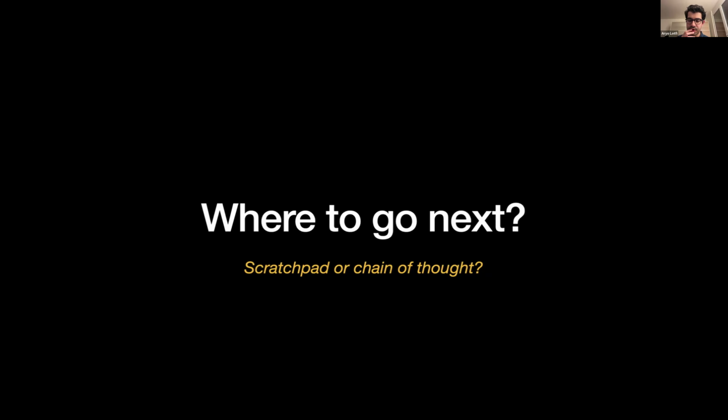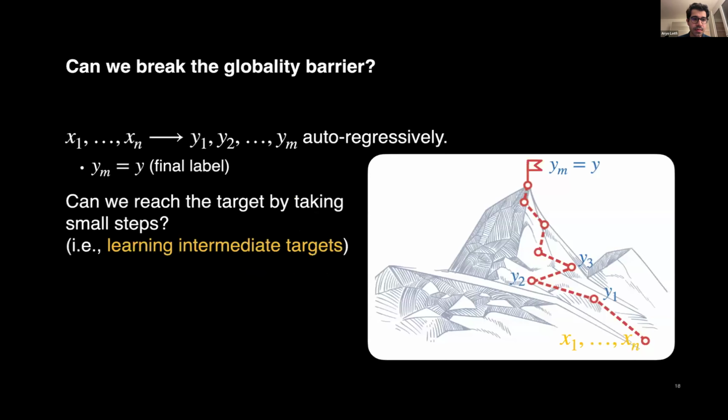So now we are going to answer what we can do to learn these hard tasks which have high globality and require some sort of global reasoning. And the answer is to use a scratchpad, or maybe more commonly known as a chain of thought. Basically, we have some inputs like x1 to xn, and we want to learn one final label, which we call here ym.